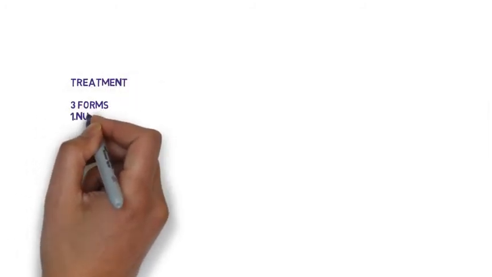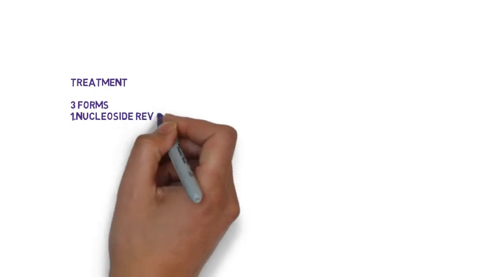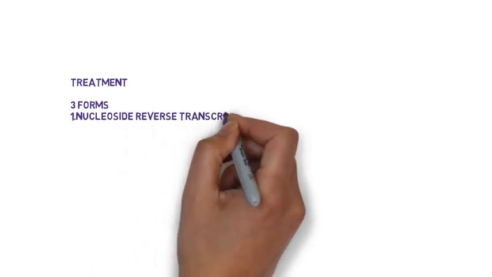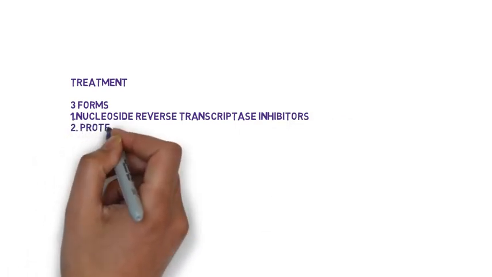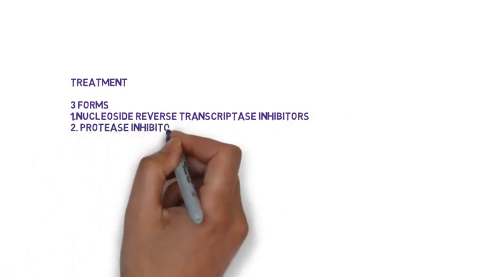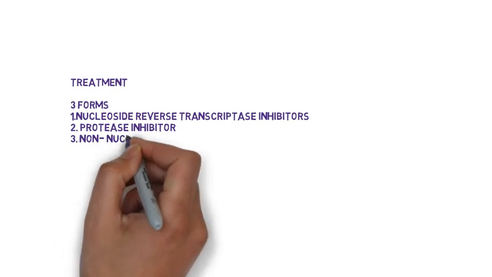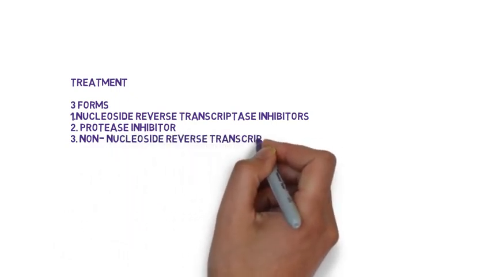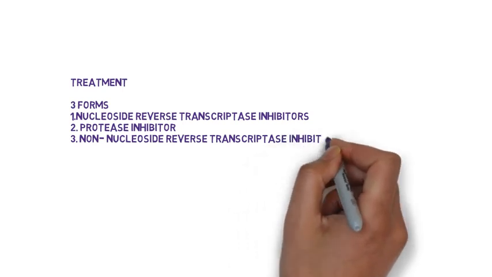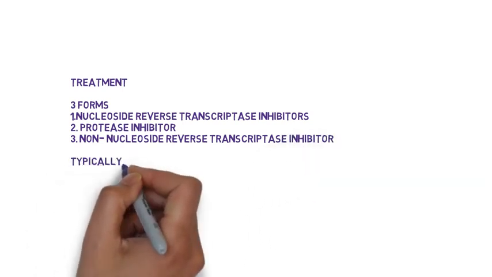The treatment is divided into 3 categories. The patients can be treated with drugs which fall within these 3 categories. These include nucleoside reverse transcriptase inhibitors, protease inhibitors, or non-nucleoside reverse transcriptase inhibitors.